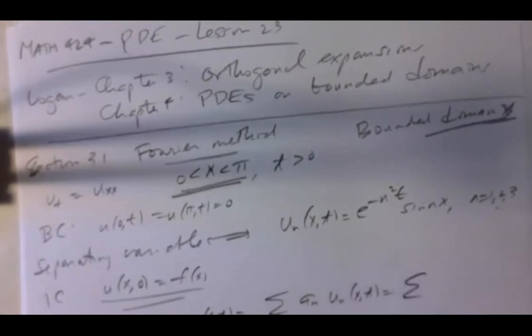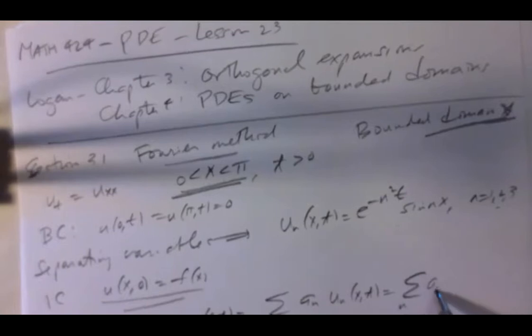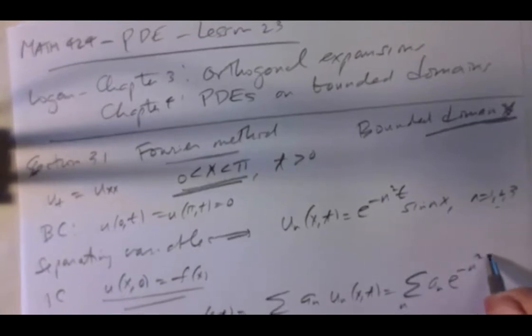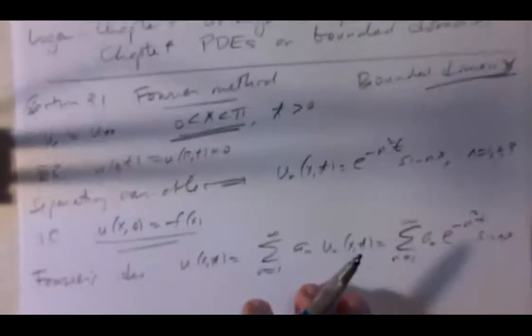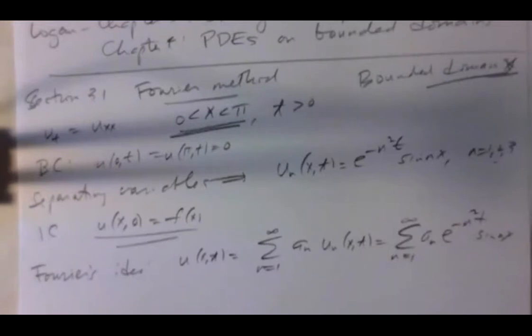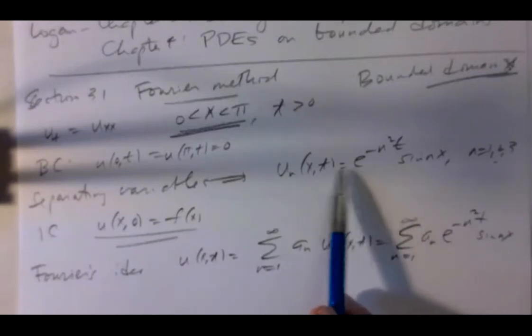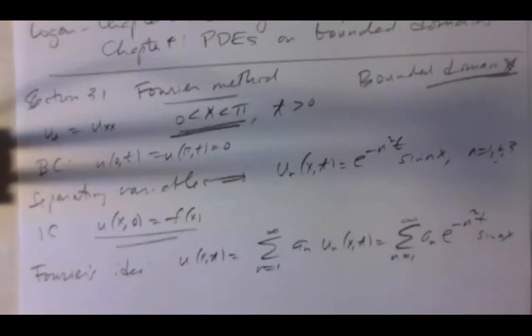So this is the sum over n, a sub n, e to the minus n squared t sine nx, and assume it converges. This is a big theorem to prove, but you should be able to write a solution to the differential equation, including the initial condition, as some infinite series of constants times these fundamental solutions.